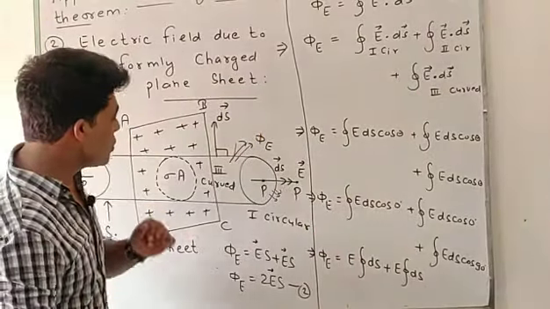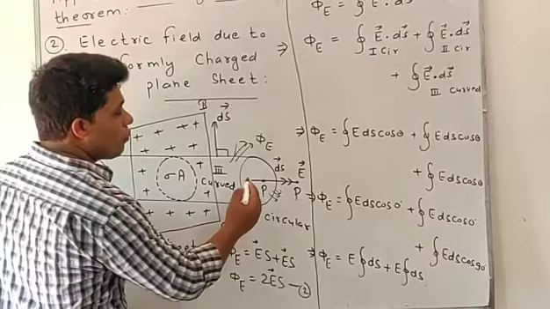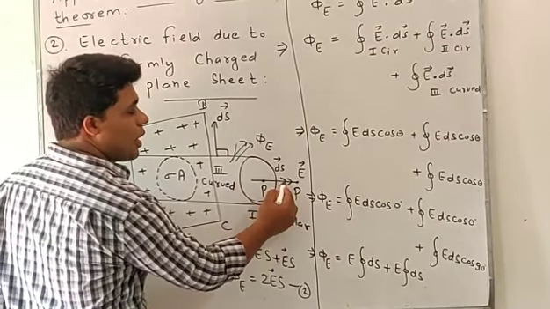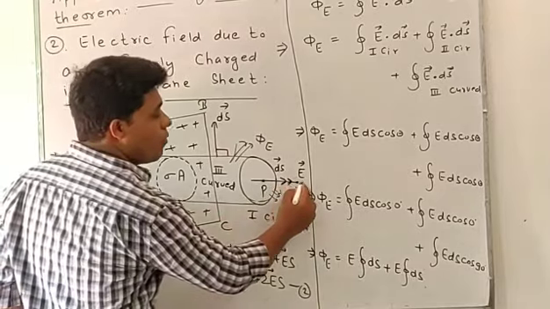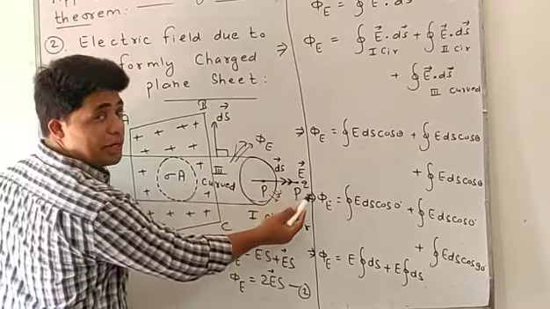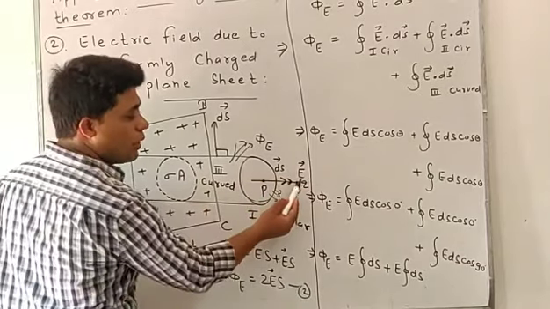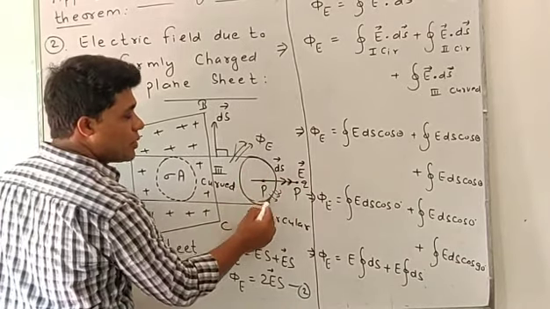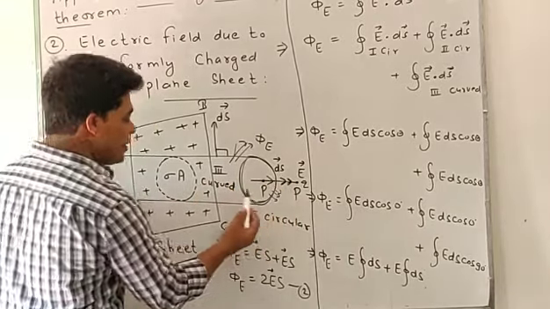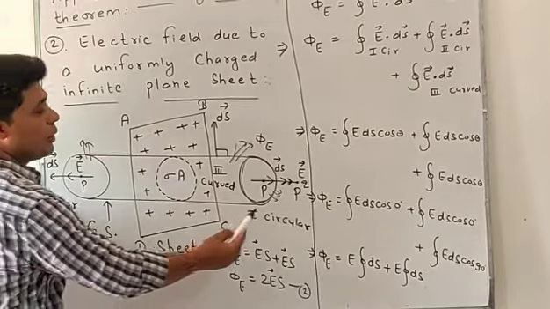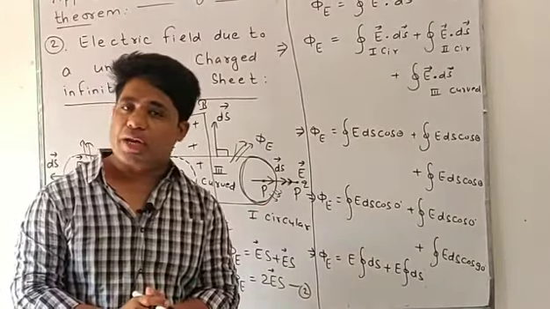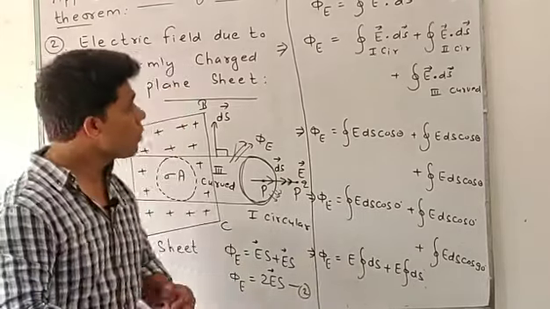Okay, now students, look, we know at the circular path E and ds are in the same direction. When we put a test charge there, plus repels it, like charges repel each other, so this will be the direction of the electric field, and the area vector is always normal to the surface, that side. It means at the circular path E and ds are in the same direction, and when two vectors are in the same direction, theta should be 0.